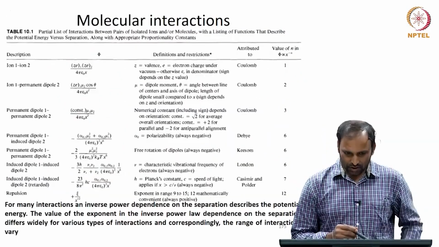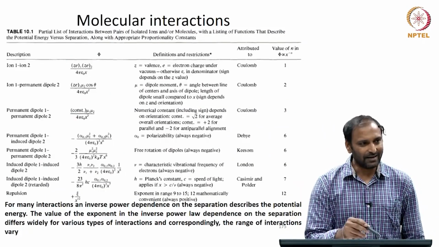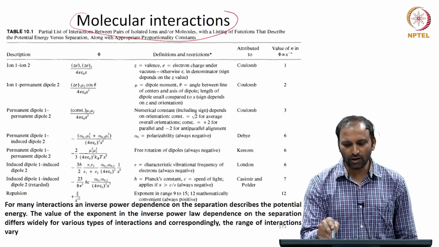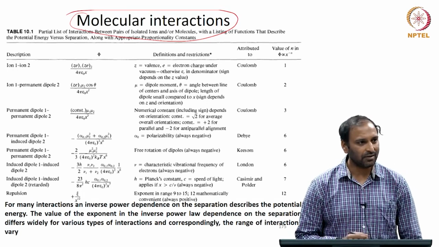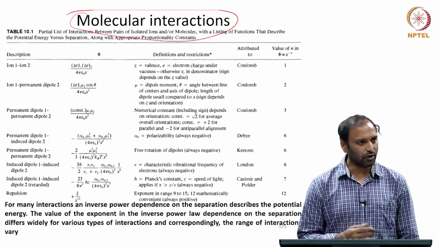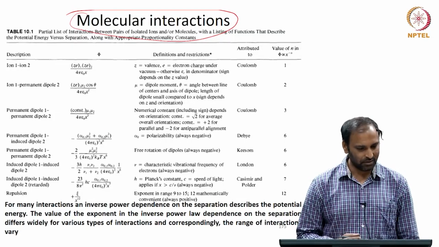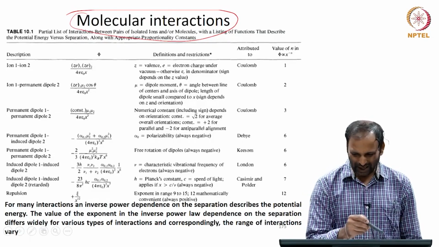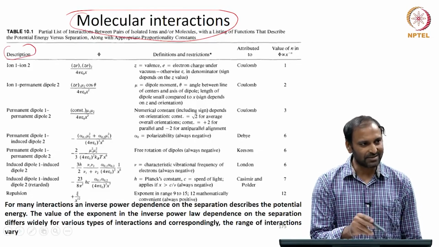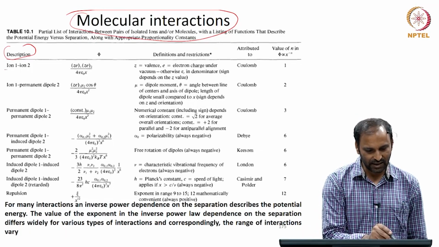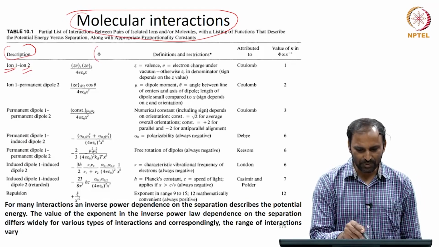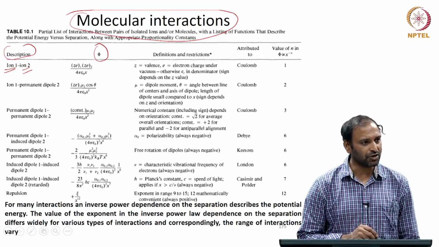Okay. So this is a table which lists all the molecular interactions between atoms, or ions, or the molecules that constitute matter. I will just quickly go through this table. There is a description that tells you what the interaction is between. In this case, it is an interaction between ion 1 and ion 2, and that is an expression for the interaction potential.